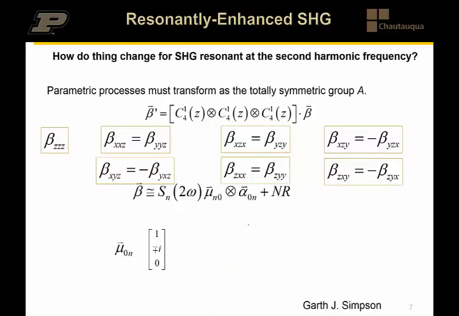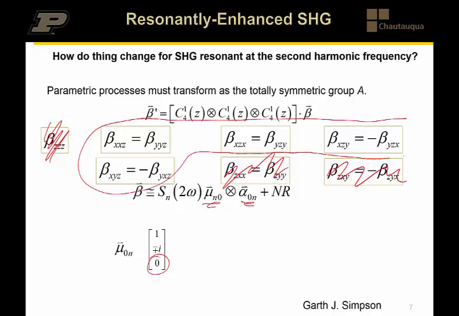For second harmonic generation, where we're resonant at the second harmonic frequency, we now have alpha mu as the product. So the first index corresponds to the transition moment, and we can remove everything where the first index starts with a z. So that corresponds to these, and what we're left with is this set of 4.